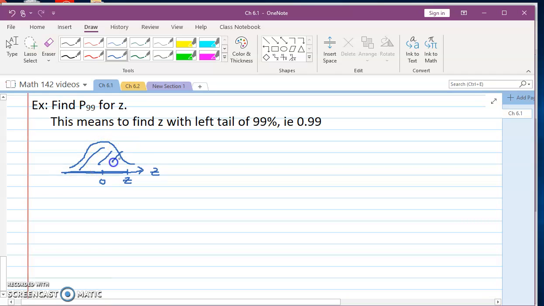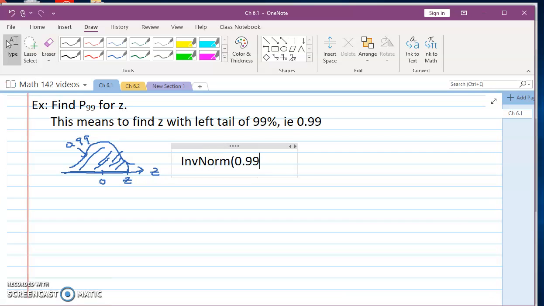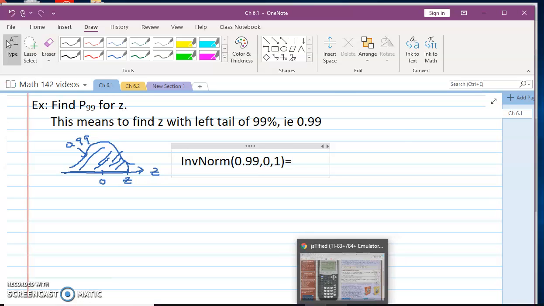So the left side area is 0.99. How do I find it? Inverse normal, because you have the area already. It is on the left, so I just put 0.99, 0, 1. And for the TI-84 color, you do left tail, and that would take care of it.